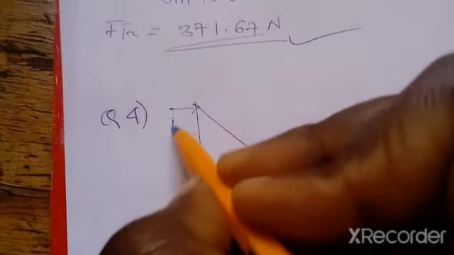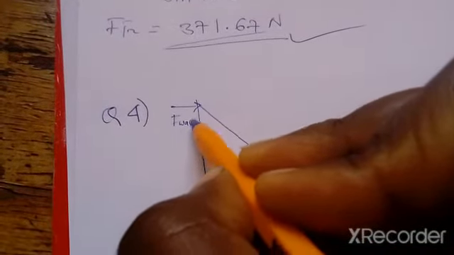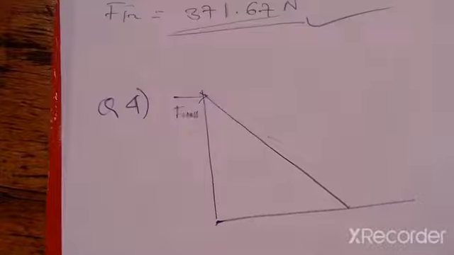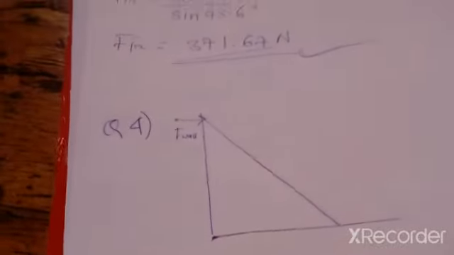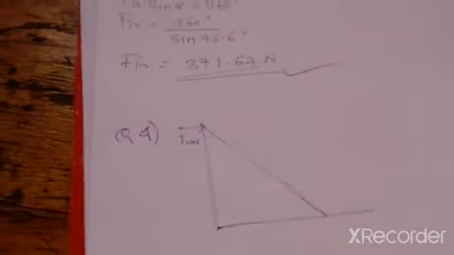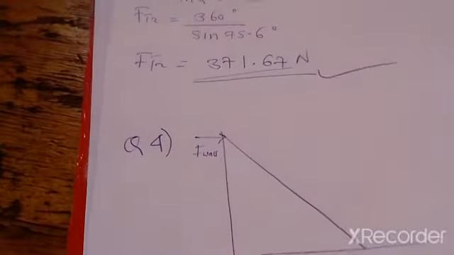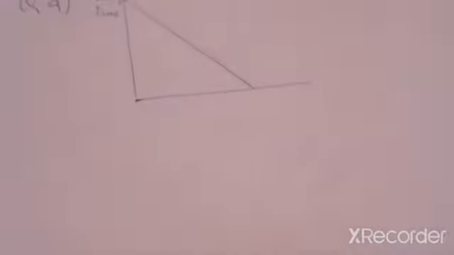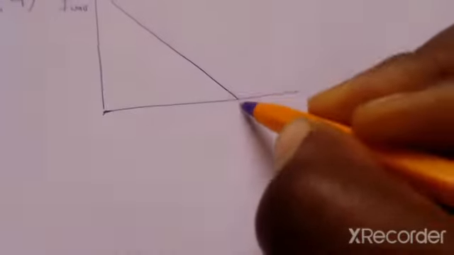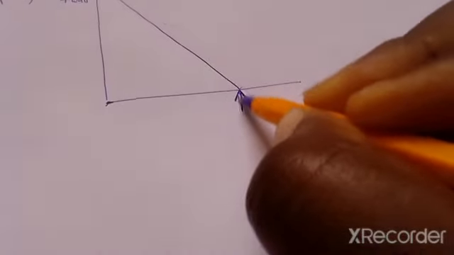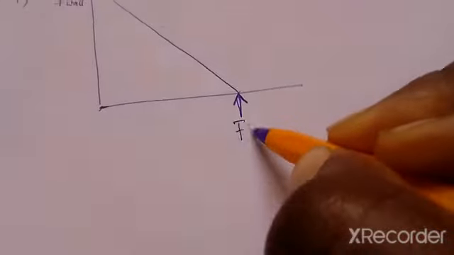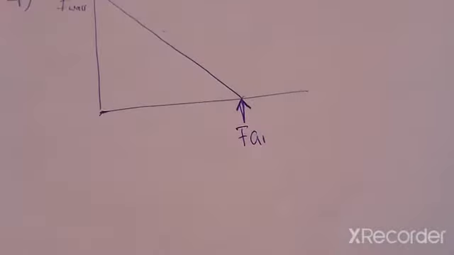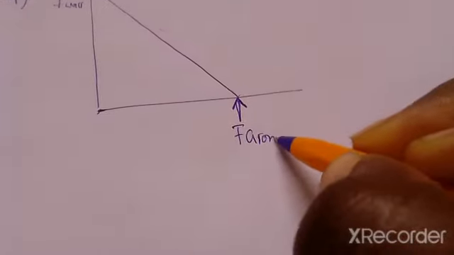I'm going to call this F4. You can call it whatever you want. You can name it letters, A, B, C, D, whichever you want. But I want to work with F4 just to remind me. Then there's the force which is acting with reference to the ground. I'm going to call this G, G for ground.